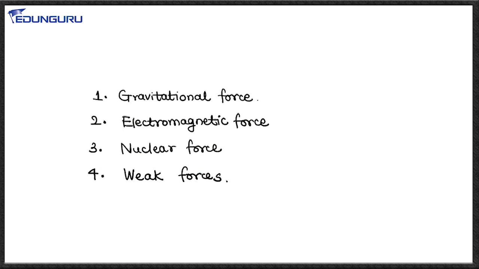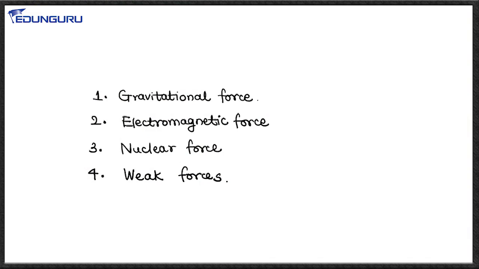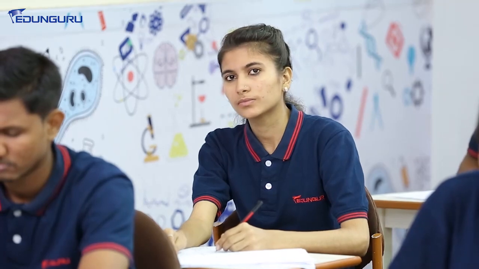Now, if you see the range of these four types of forces, the gravitational force has the longest range, right? Two different celestial bodies can apply gravitational force on each other, right? For electromagnetic forces, the range gets reduced. For nuclear forces, it is only the periphery of the nucleus.